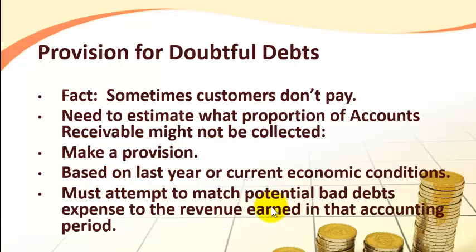But to come back to the matching principle, a debt which could be classed as doubtful and provide a potential expense, we must attempt to match that potential expense in that accounting period to the corresponding revenue. So if a sale is made in one accounting period and there's a potential for that sale to go bad, or any potential sales to go bad, then the provision for doubtful debts creates a doubtful debts expense in that particular accounting period to ensure that the matching occurs.